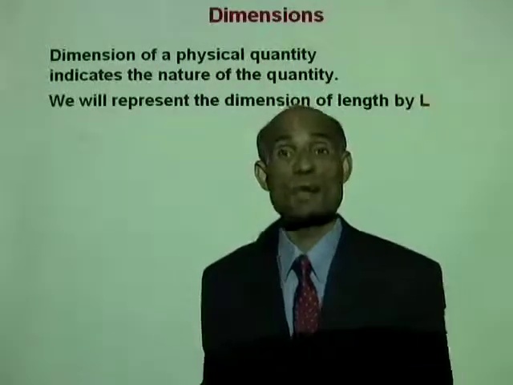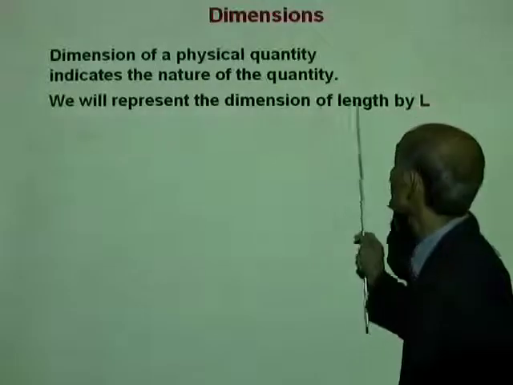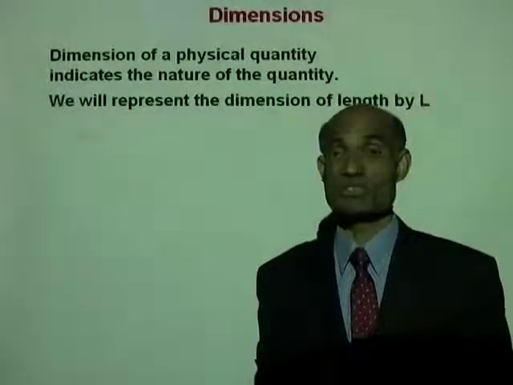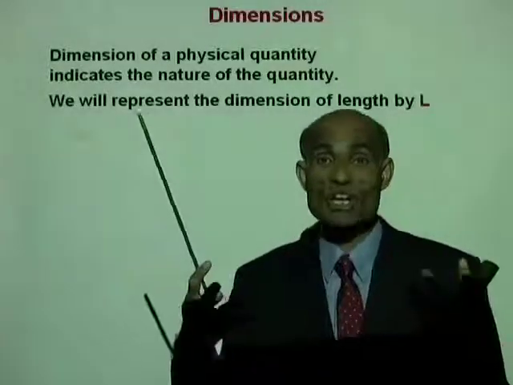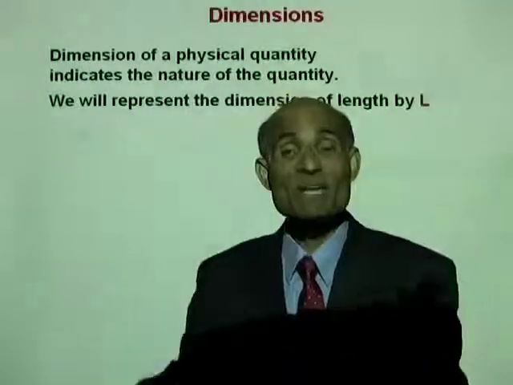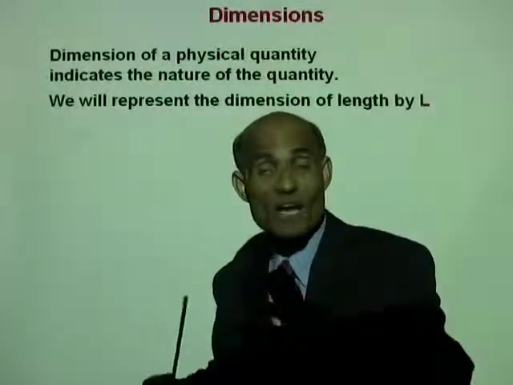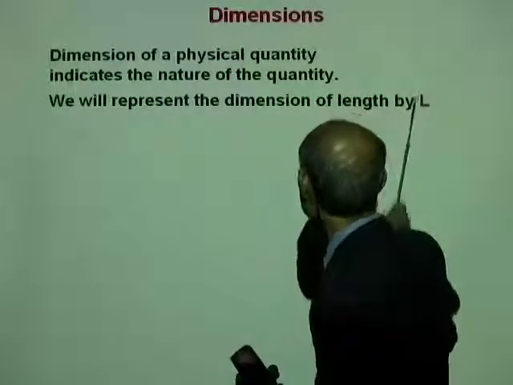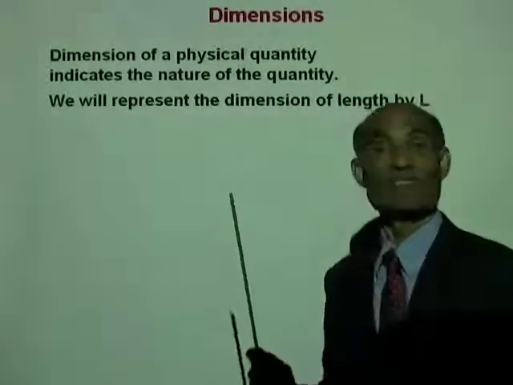Now, we will represent the dimension of length by the uppercase L. So when the quantity measured is length or distance, diameter, radius, you see that? All of them are lengths. And what is the dimension of such quantities?